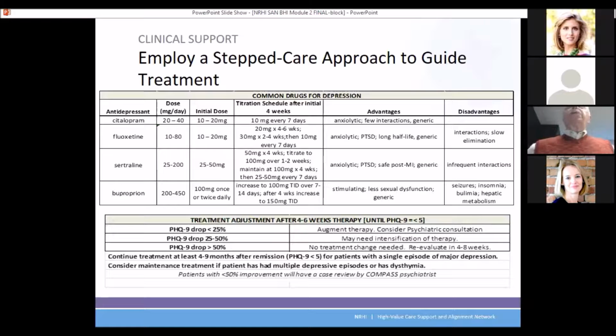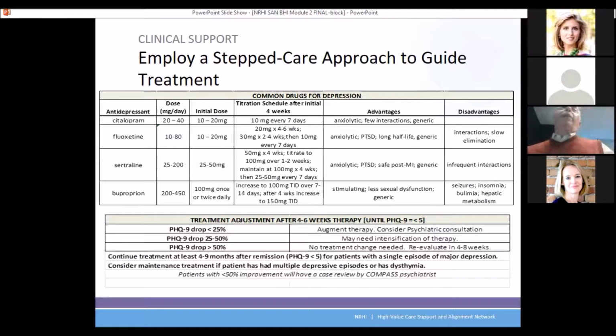So in addition to doing risk stratification to decide who to put the most effort into, we need to have a step care approach. And again, this is the way we've been doing hypertension care for years. And what we tried to do in our office was to set up a similar kind of approach for depression care.